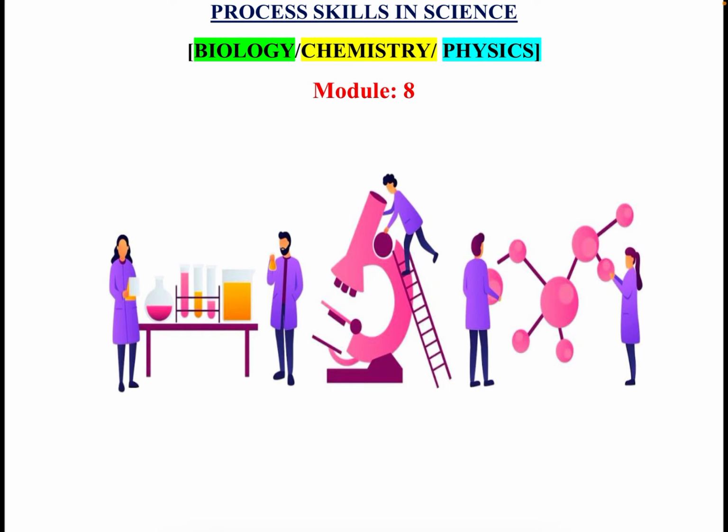Some of the skills are related to finding scientific information or scientific data. So the learners have to enhance their different process skills. Besides that, thinking skills also come, and that will be dealt with in another class. This class will focus only on the process skills in science.